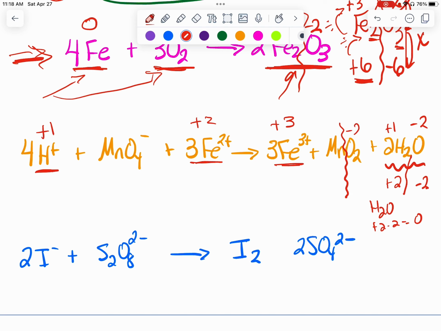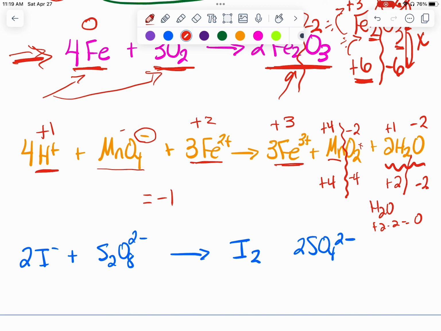All right, let's tackle this thing right here. So we know oxygen's going to get the -2. -2 times 2, this side is -4. This side has to be a +4. But there's only one of them. So manganese is a +4. Now, this one's a little different. Because it has a charge, the entire thing has to add up to -1.